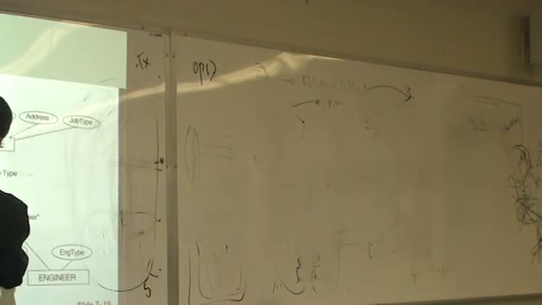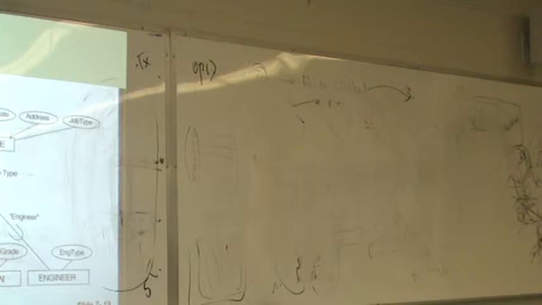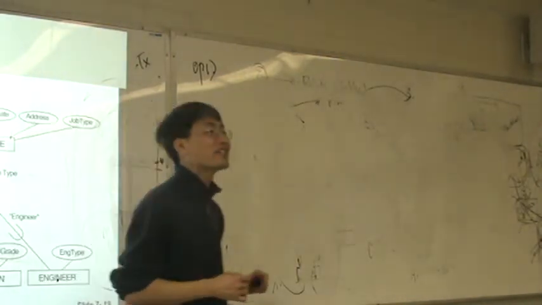I'm not sure whether this is disjoint or overlap, but that's not a big problem when we convert this one. So we'd like to convert this. The naive way is to create one table for employee, one table for secretary, one table for technician, one table for engineer.